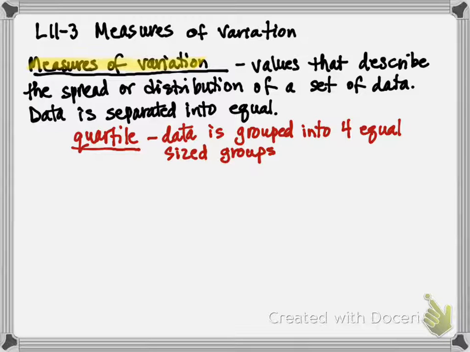And then again, we've talked about range. So notice again, here we are, new chapter, and we always seem to have a lot of vocabulary.